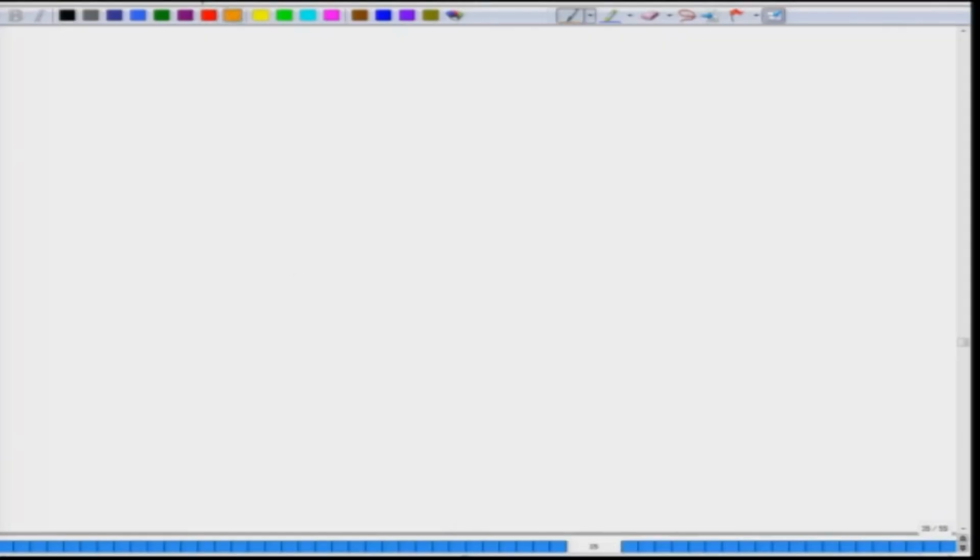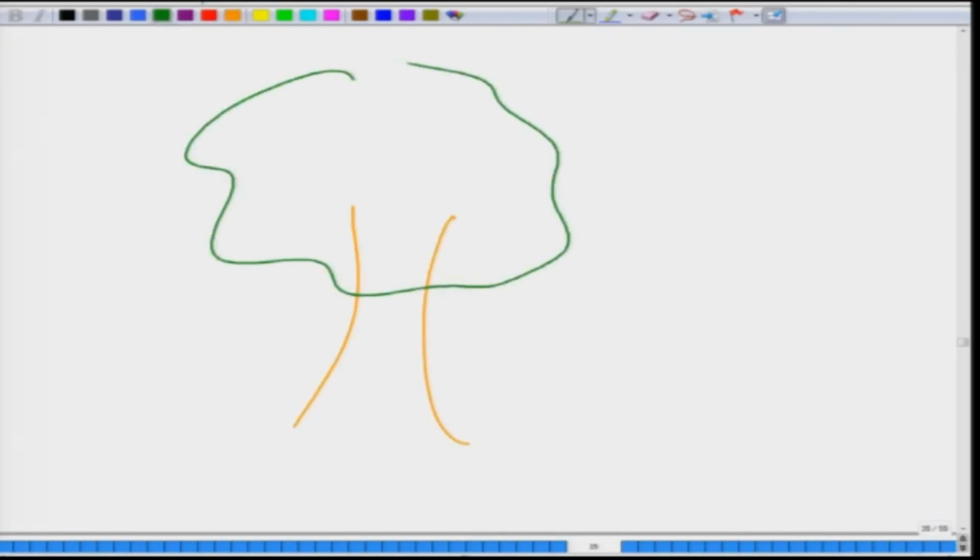Another option is that if you have this tree and you want to measure the height, you can ask somebody to climb the tree, reach till this point, and from this point drop a string with a weight attached to it. When this weight touches the ground, the length of the string will give you the height of the tree.